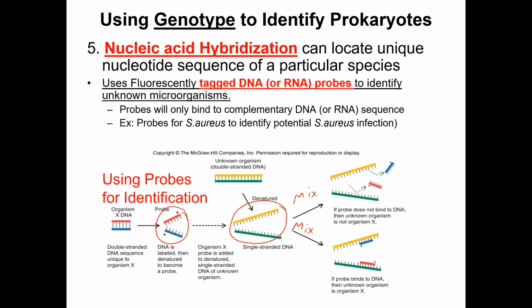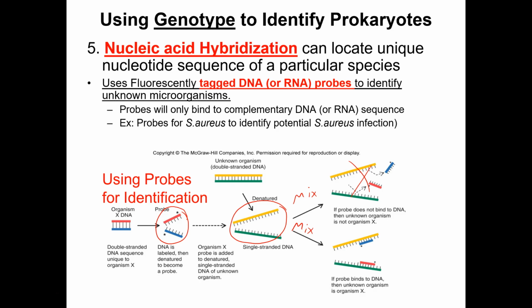Now, these probes are all or nothing. Because again, you design these probes to bind to DNA of different pathogens. So, in the top here, if it doesn't bind, okay, that tells you that those probes don't match that organism.